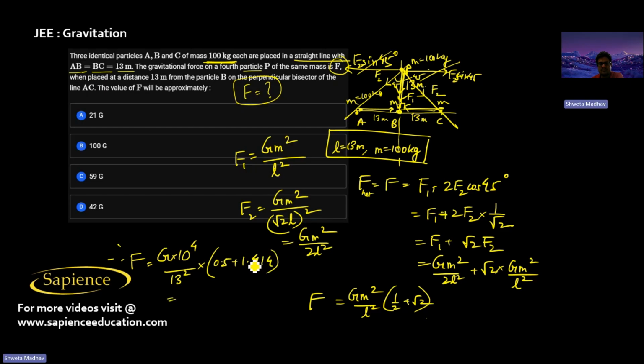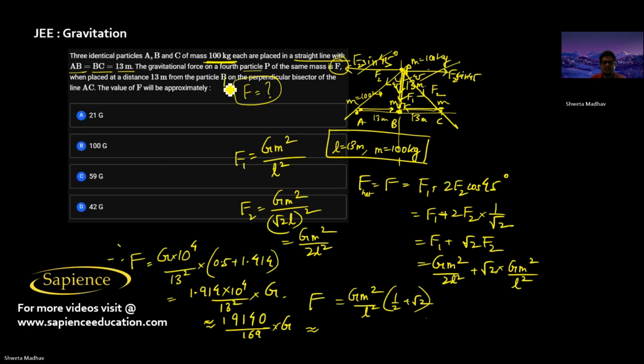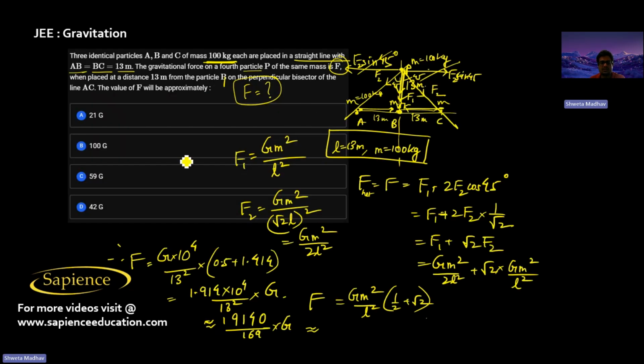This is equal to 1.914 into 10 power 4 divided by 13 square into G, which is approximately 19140 by 13 square, which is 169, into G. So the force is approximately 19140 by 169 into G, where G is the universal gravitational constant.